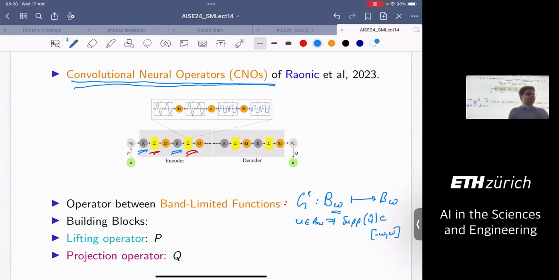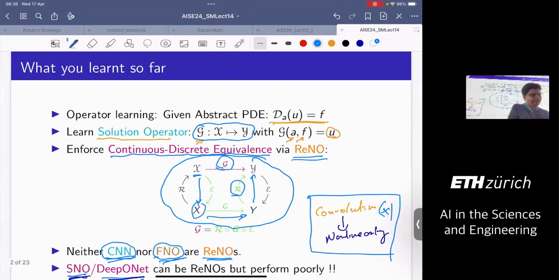This allows us to work with this continuous-discrete equivalence, because for band limited functions, the discrete version is essentially point values on a grid. In other words, if you go back to the diagram, and this diagram is very important, that's why I keep repeating it: if you have band limited functions here, B_W, then this is just functions on a grid, little l2.